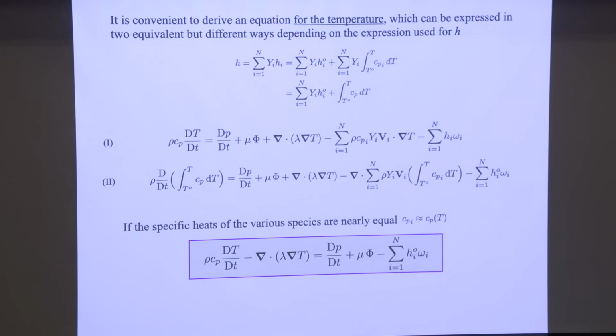The reason is that when all the cpi are the same, this term goes away, because that integral wouldn't have an i, and then the sum of rho yi vi is 0. For the same reason, after you do whatever manipulation, this term will go. And then this one will end up as the enthalpy of formation. So this is the equation that we want to focus on, an energy equation that depends on the temperature, heat conduction, the work done. Remember, oops.